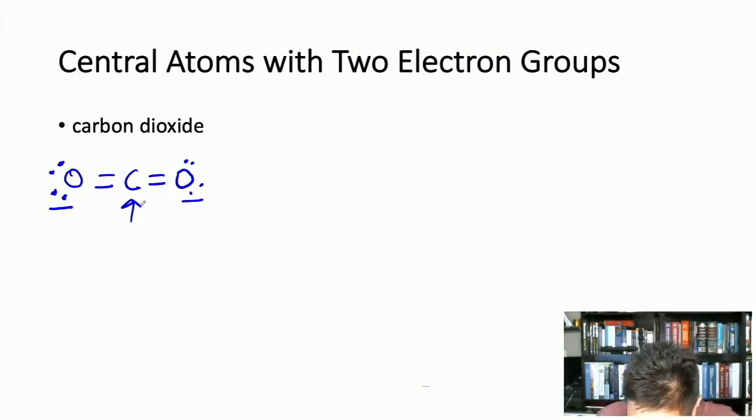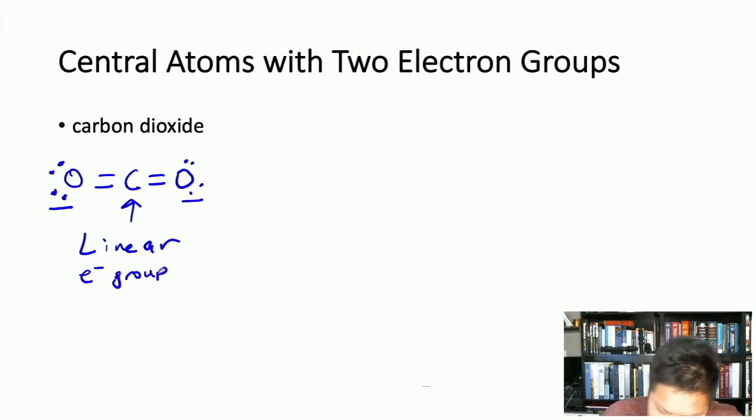So this is actually a very accurately drawn Lewis structure, and we call carbon dioxide a linear electron group. The linear electron group makes sense because it's just a straight line, linear.